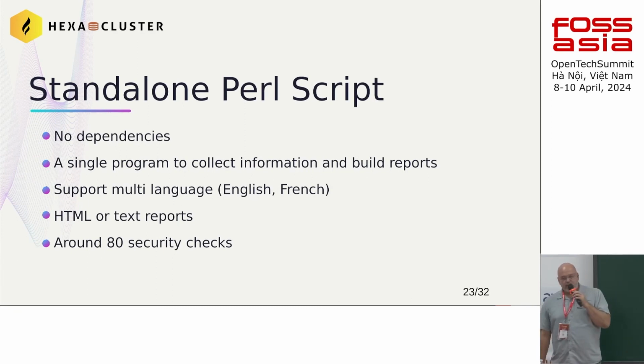You know I love Perl, so this is a Perl script. With no dependency, it doesn't bother you to install tons of dependencies. You just put it on your Postgres cluster and it will work.